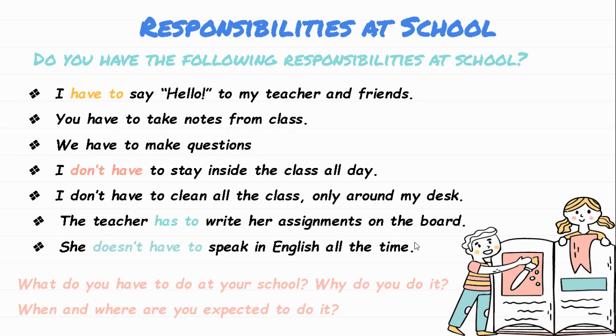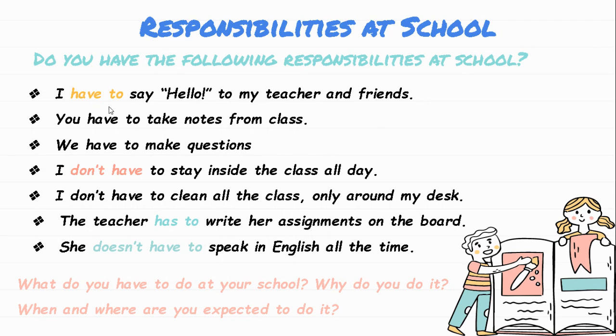So as you can see in this text, we're talking about responsibilities and how students and teachers are expected to react, to respond based on the role they have, right? As you can see here in the sentences, when we talk about responsibilities, we're using have to.